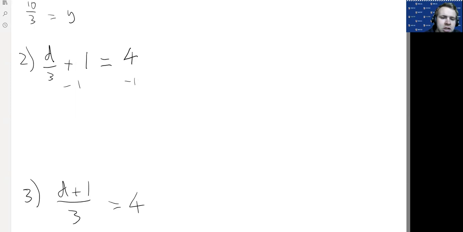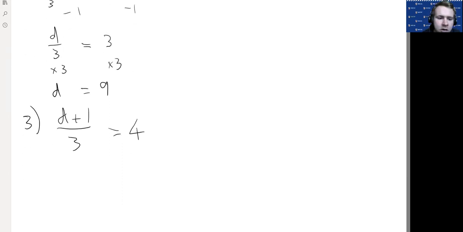So we minus 1 from both sides, and we end up with d over 3 equals 3. We do the minus 1 first because reverse order of operations dictates it. Then we can times both sides by 3, so we get d equals 9, and we've solved our equation because we've got d on its own. In this case, we first subtract and then we multiply.